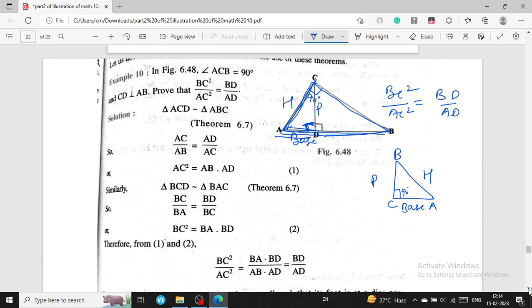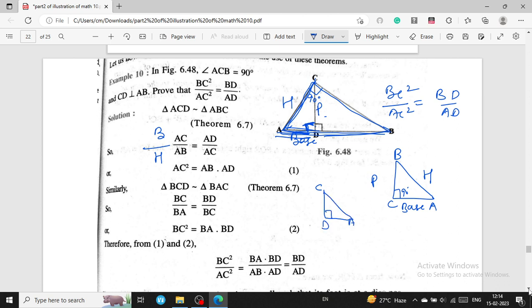Here we take AC according to triangle ABC: AC, that is base over hypotenuse, is equal to, on the other side, when we take it like this, we correspond and reverse it. This is C, this is D, this is A.